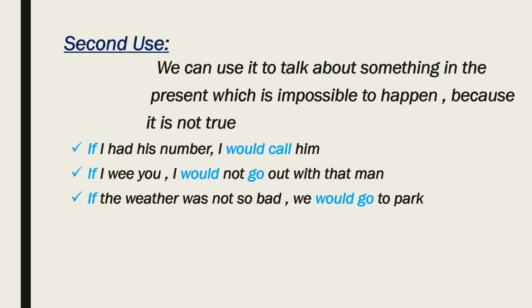So it is impossible. Now he is talking in the time now, but now the weather is not good. So this is just imaginary, and it's impossible to happen, since the weather is not good, how can it be good.